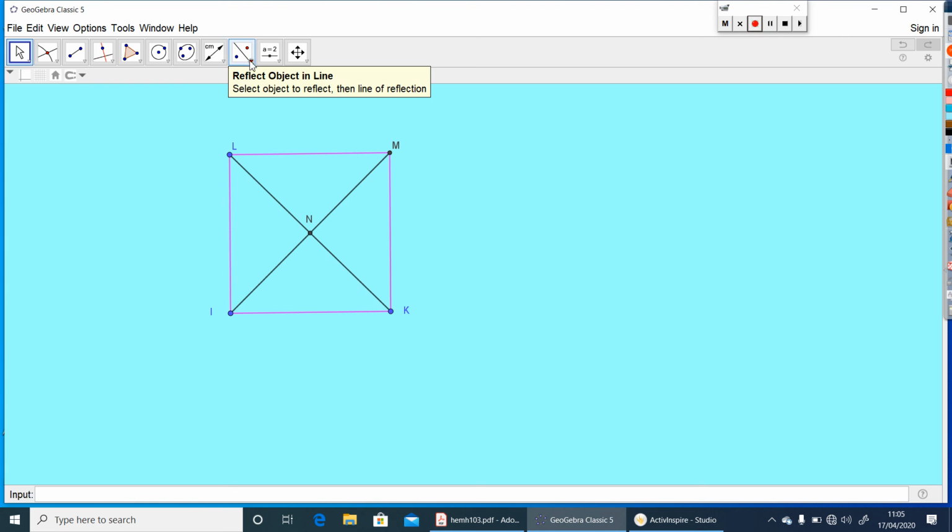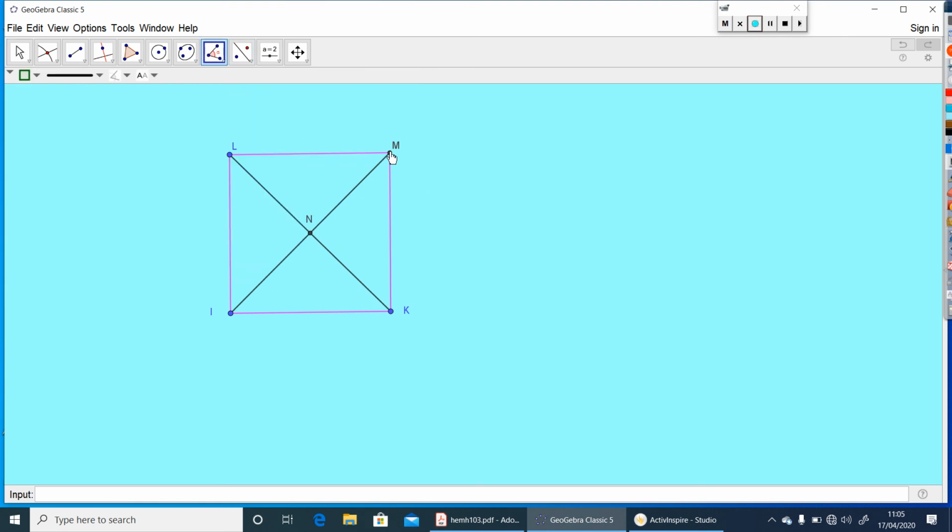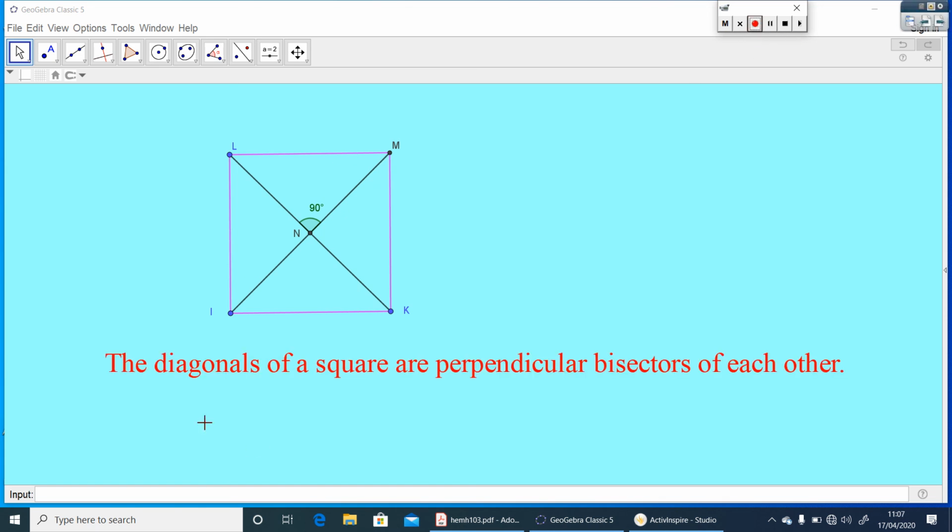Now let me measure the angles. Angle M and L you will get as 90 degrees. That means these diagonals are perpendicular to each other. So in a square diagonals are perpendicular and bisect each other. So we can write the diagonals of a square are perpendicular bisectors of each other.